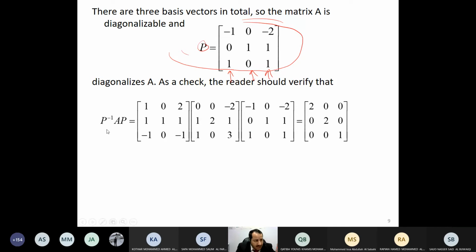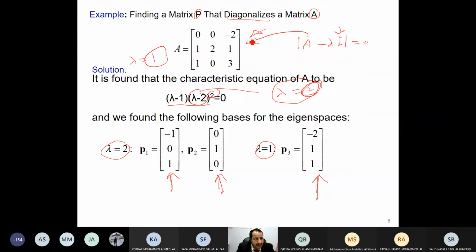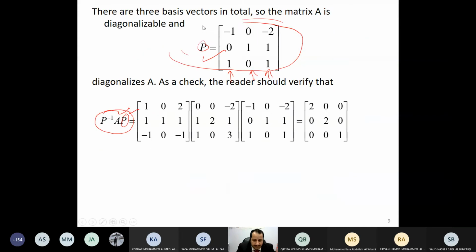What does it mean? Have a look. This is P. This is A. If I find P inverse of this one, we know how to find P inverse. Let me say I went through the methods to find P inverse.